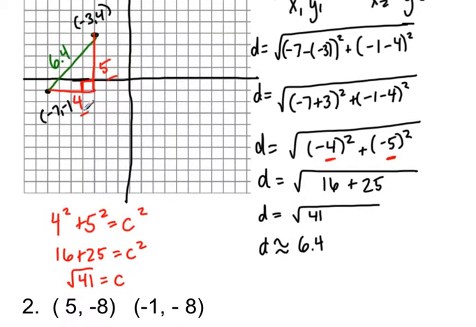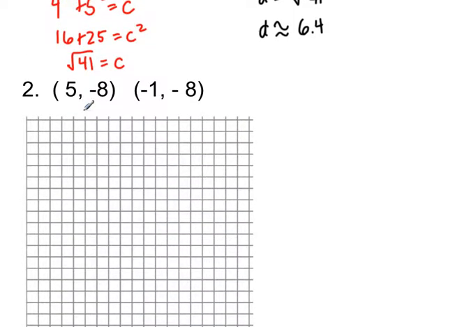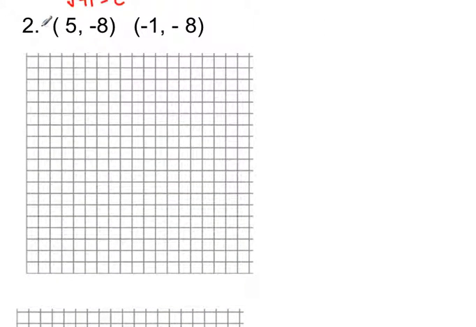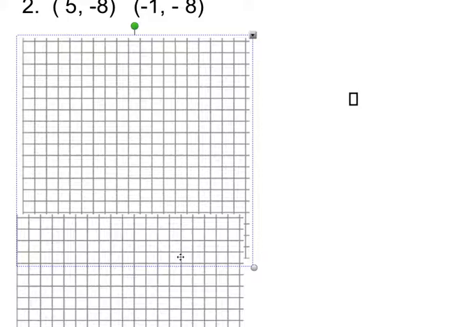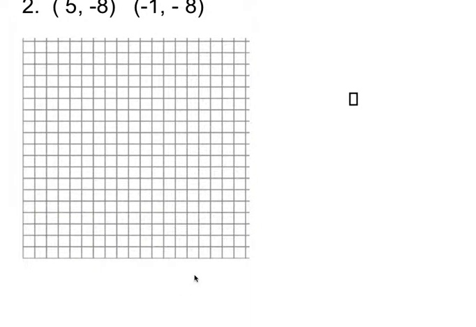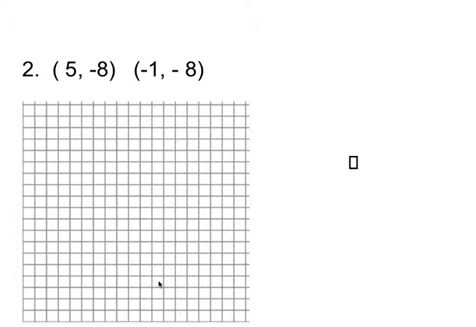Okay. All right, let's do this next one. Didn't give myself enough room. Okay. So here we go. This is a new ordered pairs.